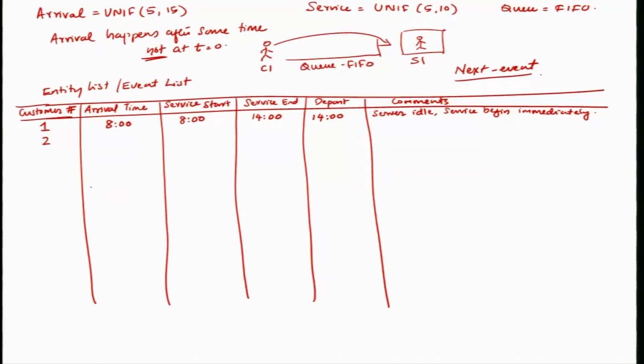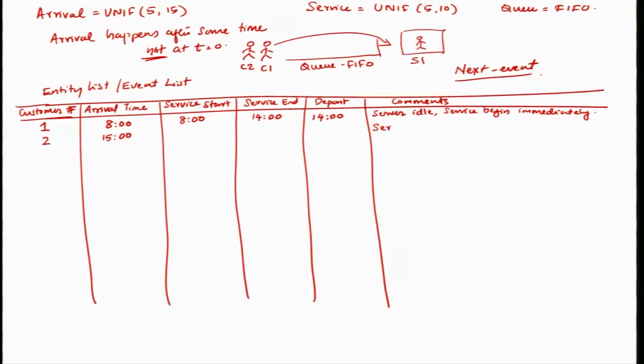So, that 7 means the next arrival happens at 15, 8 plus 7 is 15. The entity will arrive, and this is your C2.